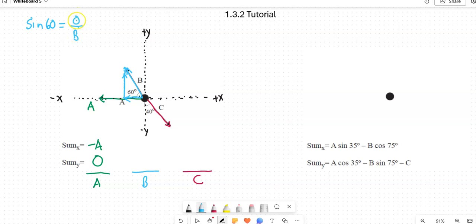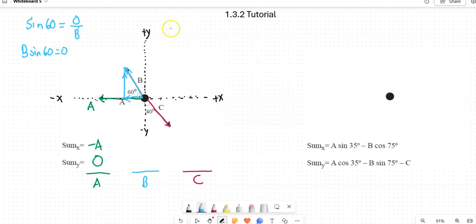Now this side is the opposite side. So now what we have is the sine of 60 degrees. If we multiply B by both sides, it's going to be B sine of 60 degrees, and that is equal to the opposite side.